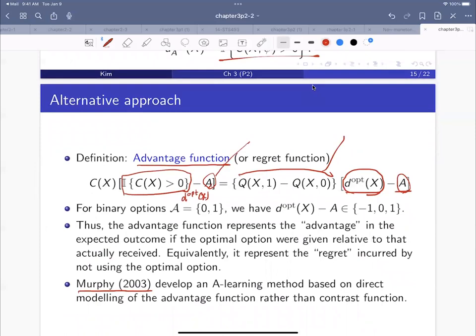For example, for binary options, if A is 0 or 1, this can be minus 1, because you have D and A, and then you subtract. So the difference could be 0, minus 1, or 1. So we are talking about this.